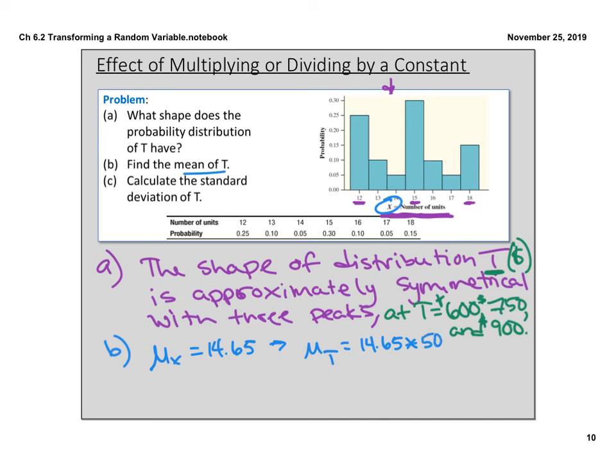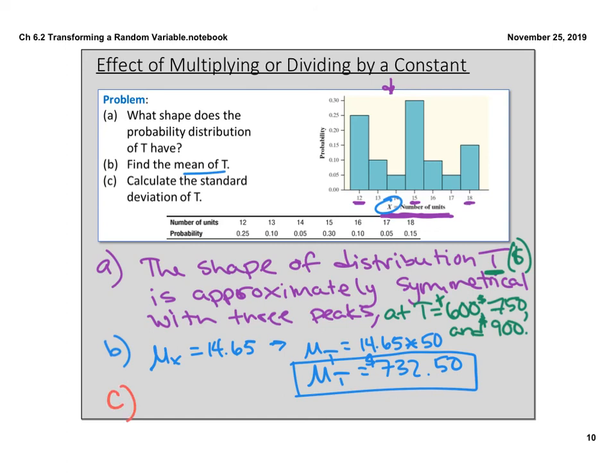Take that multiplier and multiply it by your mean. So 14.65 times 50, I almost typed in 60. There we go, 732.50. Mean of T is going to equal $732.50. Again, don't forget to label your answer. That's going to be really important.